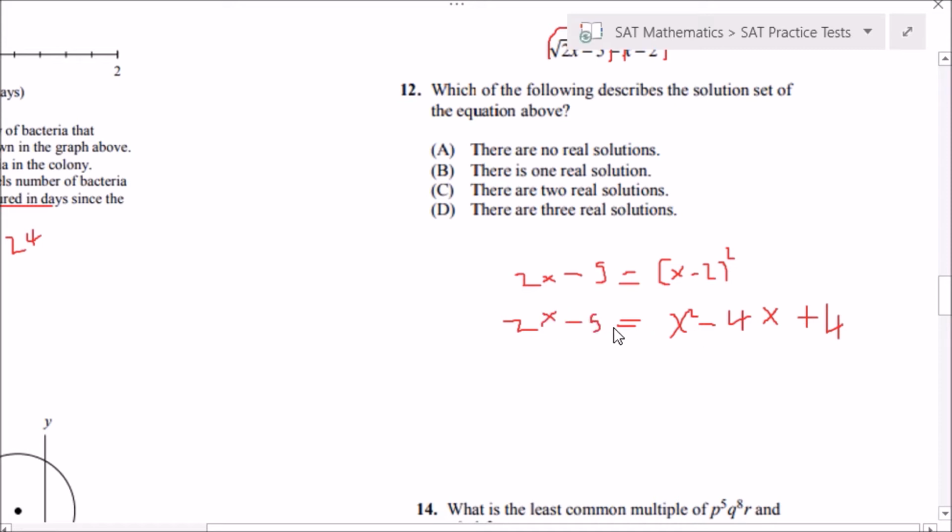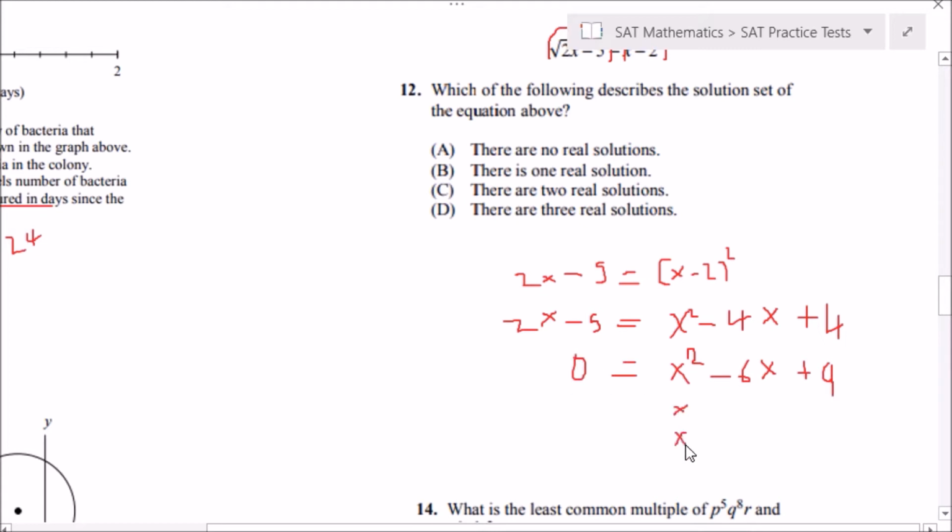So they're looking for solutions, and solutions is the same as 0, so we have to find the zeros of this equation. If we do that, subtract 2x from both sides, that's minus 6x, and add 5 to both sides, plus 9. That's equal to 0. So let's find the zeros of this function.